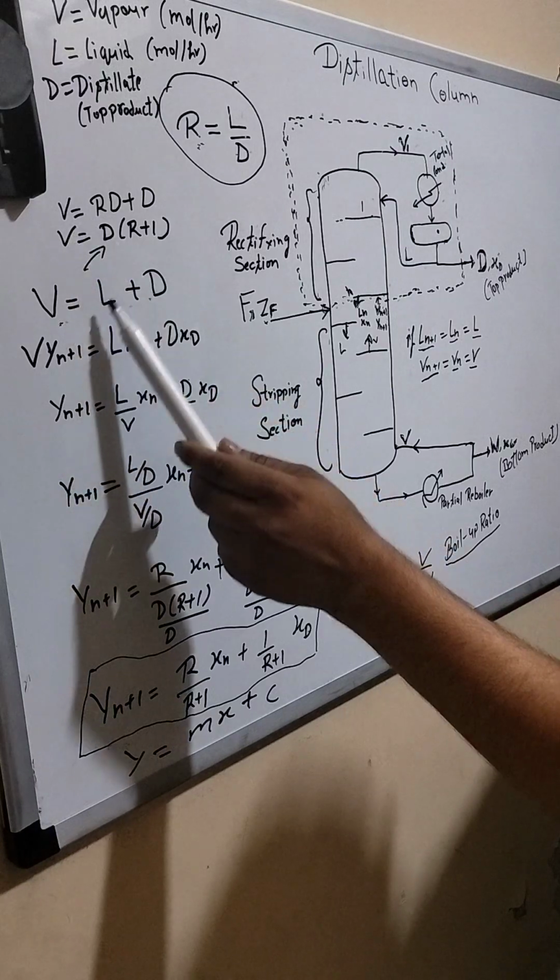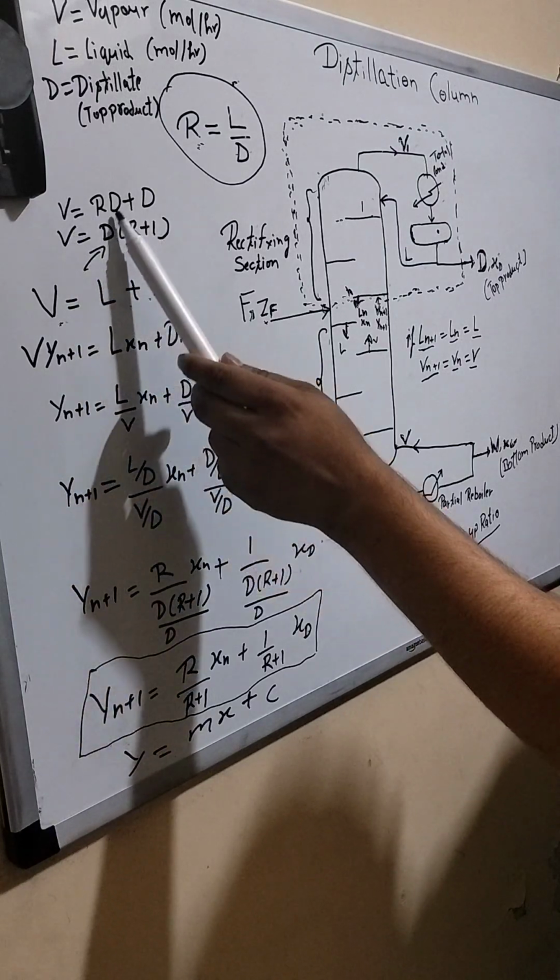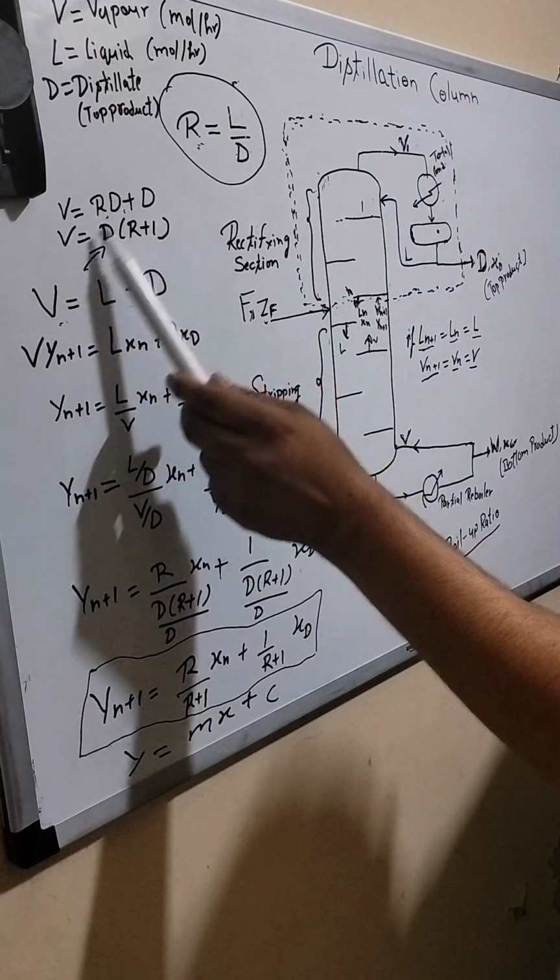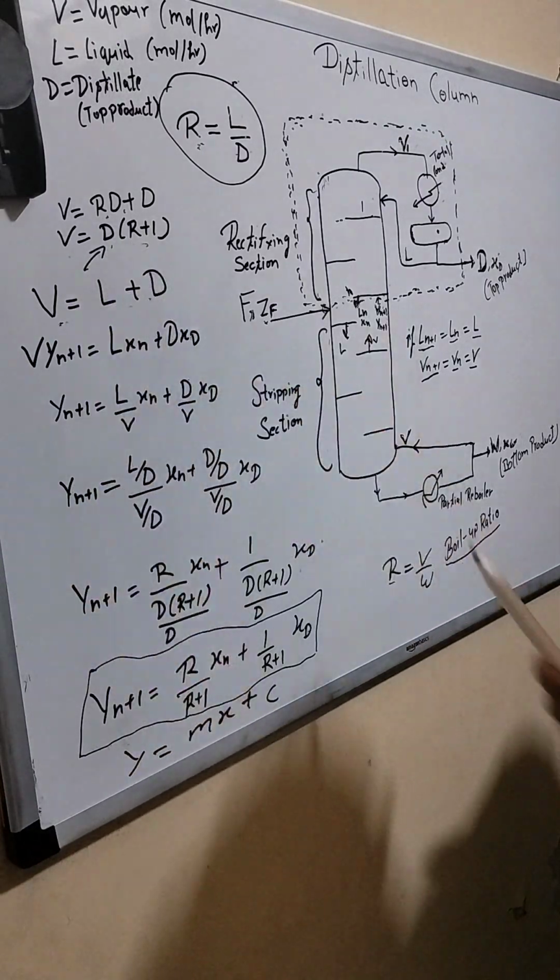Putting the value of L as RD, you can see here V is equal to D times R plus 1.